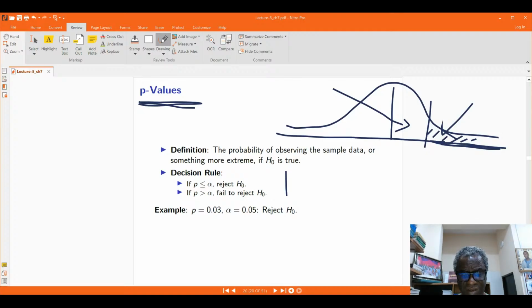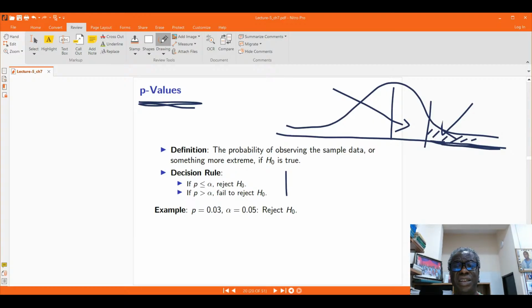That is the role of the p-value: to take a decision about the hypothesis that you have formulated.